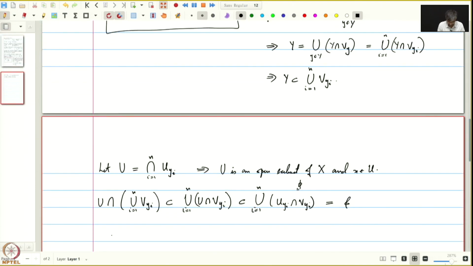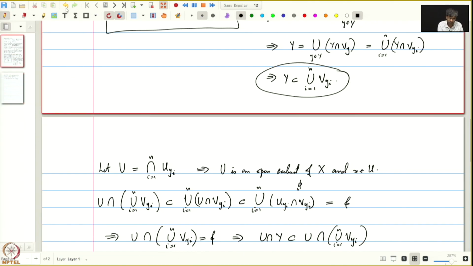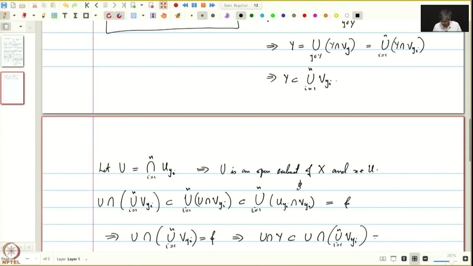So U intersected with this union is empty. This implies that U intersected Y, which is contained in U intersected this union of V sub y_i, as we saw that Y is contained in this union, is equal to empty.